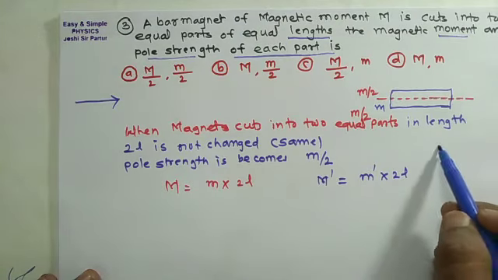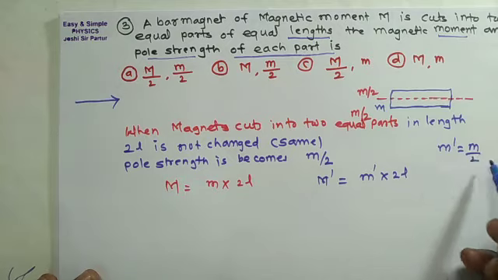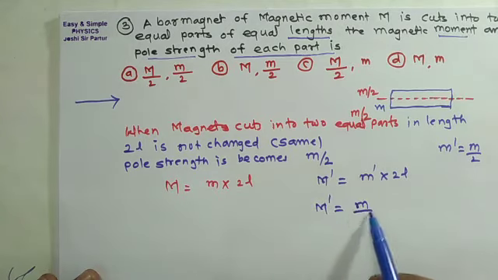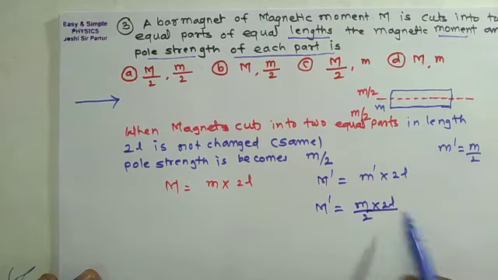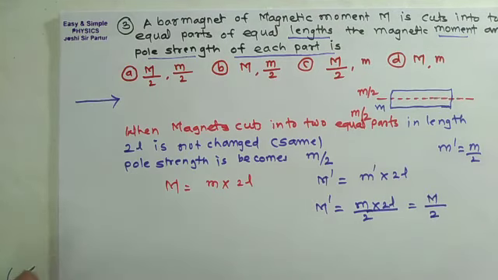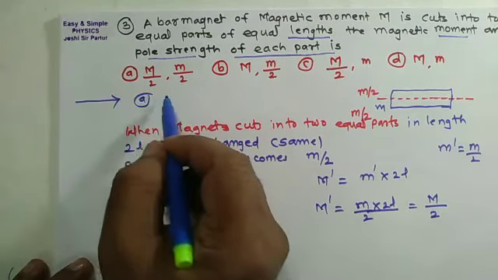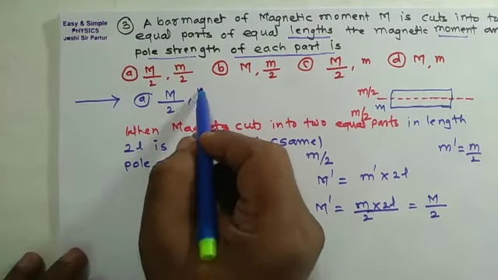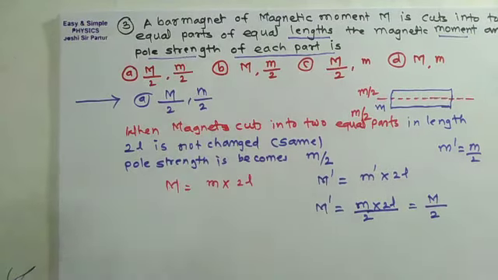If we substitute m dash equal to m upon 2, then magnetic moment will be m into 2L upon 2, which is half the magnetic moment of the original magnet. So here answer will be A, having half the magnetic moment and half the magnetic pole strength for each part.